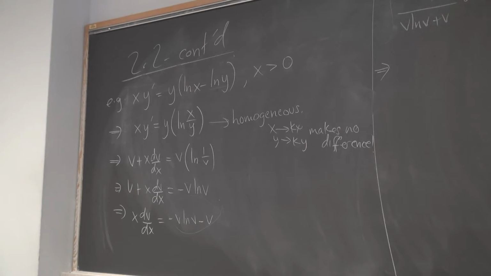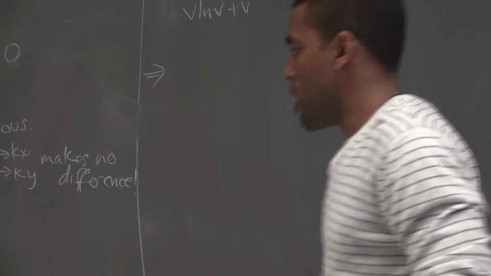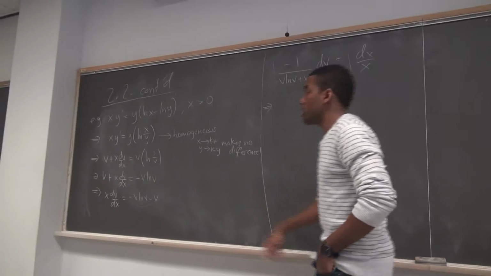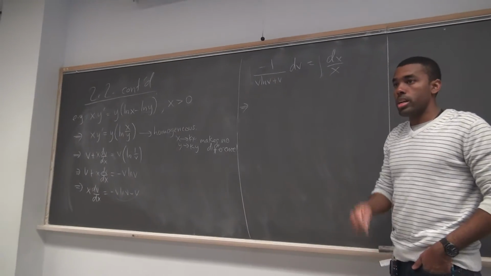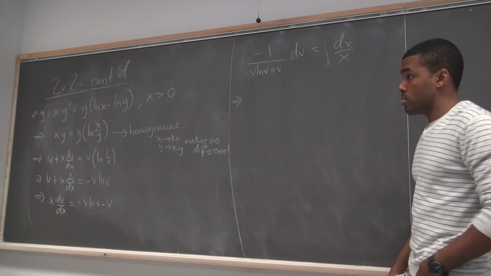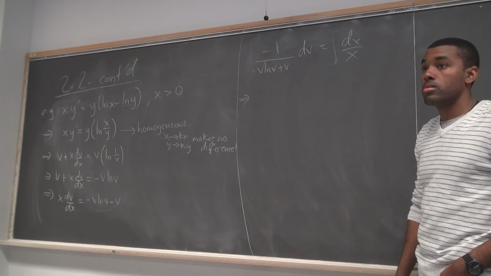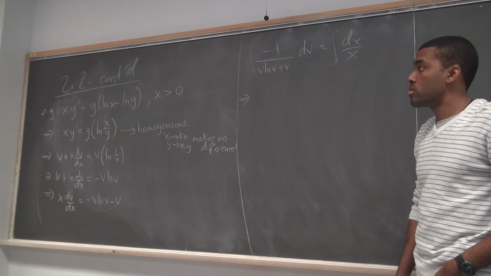We're going to integrate both sides. What's the integral of this? Should that be a subtraction? ln of v minus v. I factor out the negative sign and divide. Yeah. How do I integrate that? Use substitution.